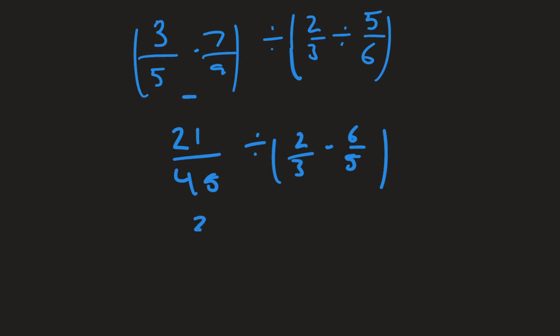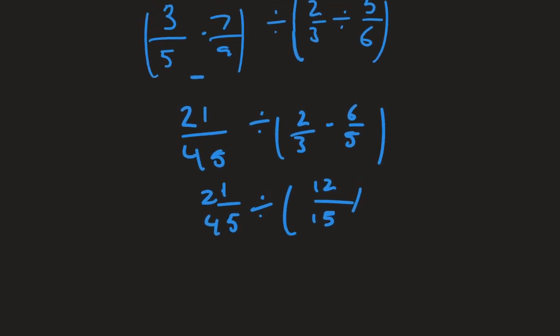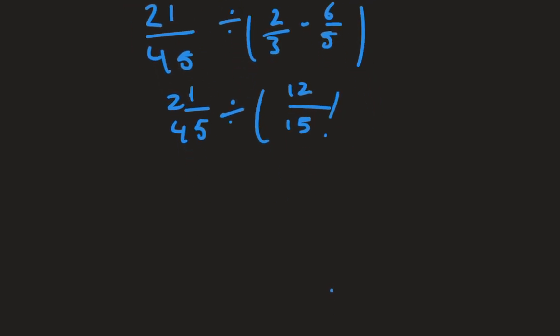Now, just rewriting again. Two times 6 is 12 over 15. Now you can remove the parentheses and flip the fraction around.